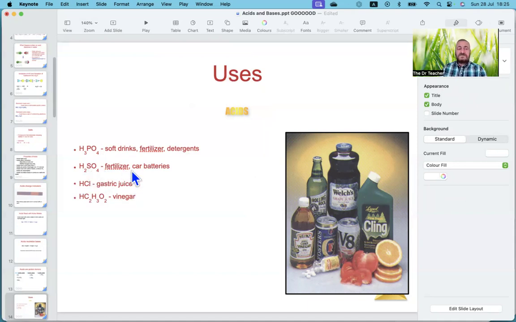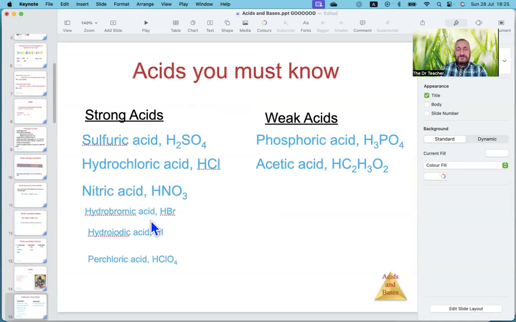H2SO4 as a fertilizer or in car batteries. We can see uses of hydrochloric acid in gastric juice for digestion. And you have the acetic acid being used in making vinegars. So everything here, the fizzy drinks or any prepared food or drinks, contains acids.